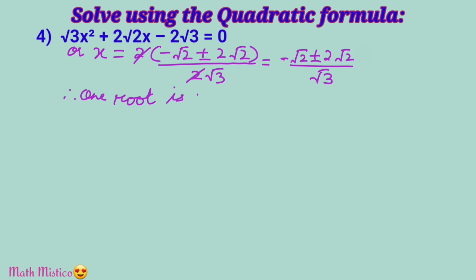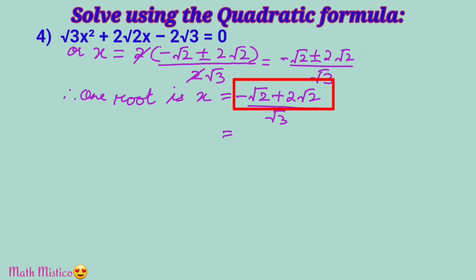So one root is given by minus root 2 plus 2 root 2 upon root 3. Minus 1 root 2 and plus 2 root 2 being like terms can be added. 2 minus 1 is 1, so we get root 2 upon root 3.